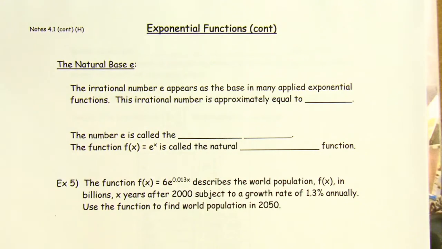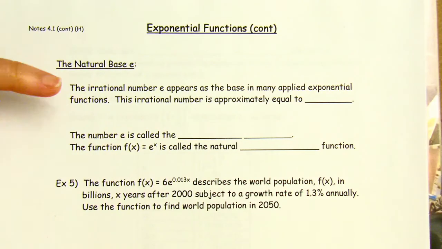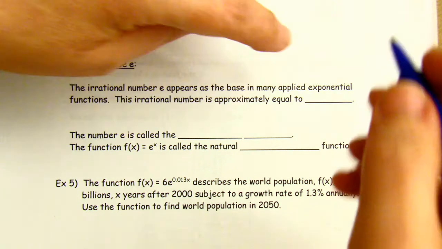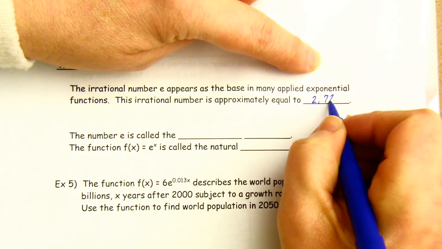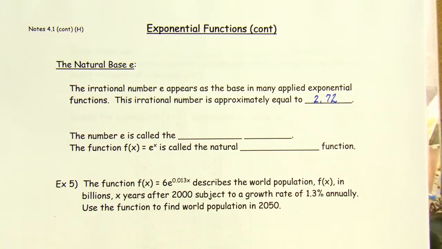and it is irrational. The irrational number e appears as the base in many applied exponential functions. This irrational number is approximately equal to 2.72, just like we approximate pi as 3.14.